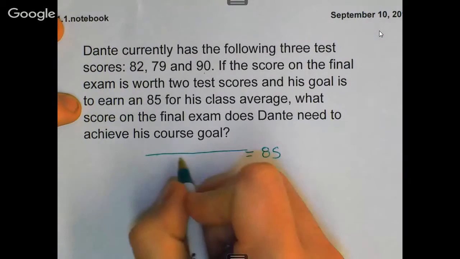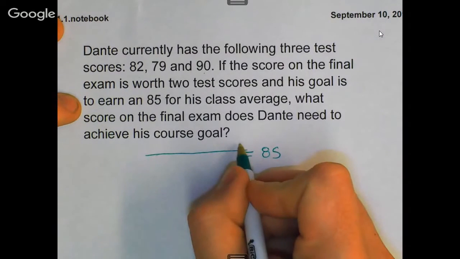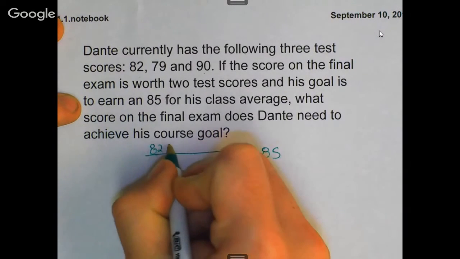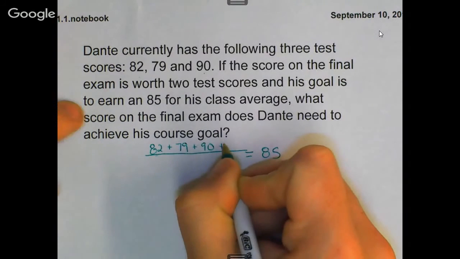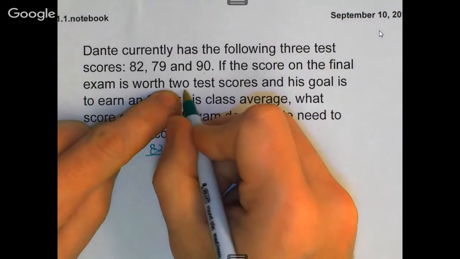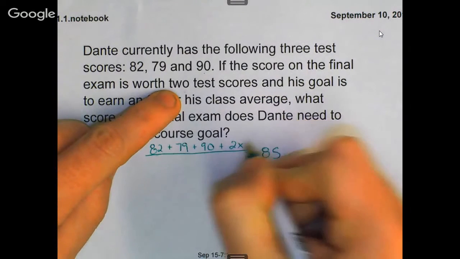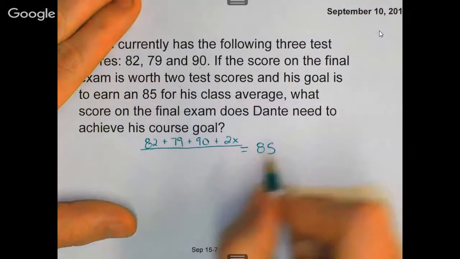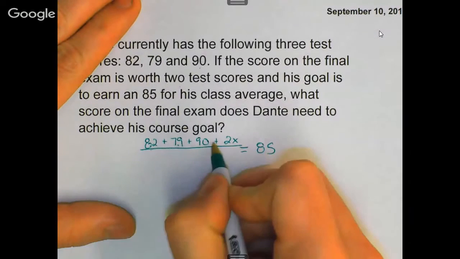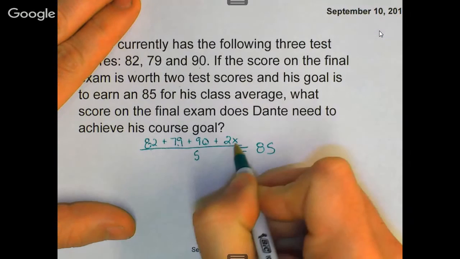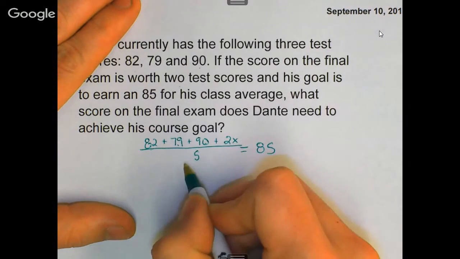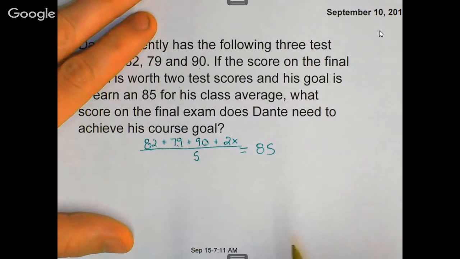To find an average, I take however many tests there are. So that's an 82, a 79, a 90, and I've got one more test, but it counts as double. So I've got 2x over the total number of tests. So there's 1, 2, 3, 4, 5 tests. This one counted as 2, so I have to add 2 to the total number of tests.